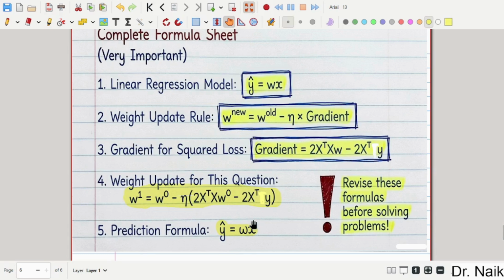Weight update for this question is W1 is equal to W superscript 0 minus eta times 2 times x transpose x W superscript 0 minus 2 times x transpose y. Prediction formula is y hat is equal to wx.